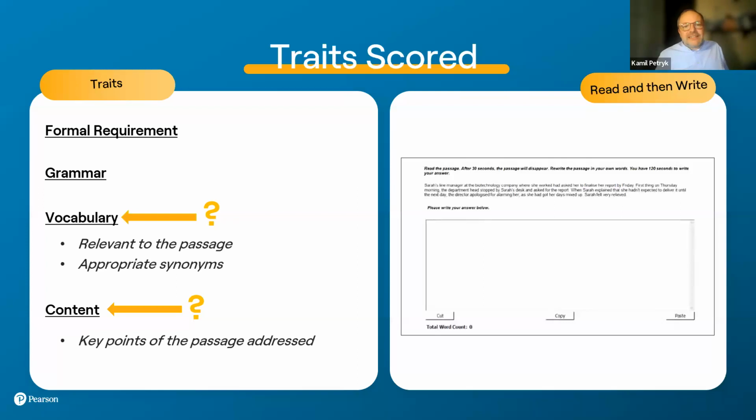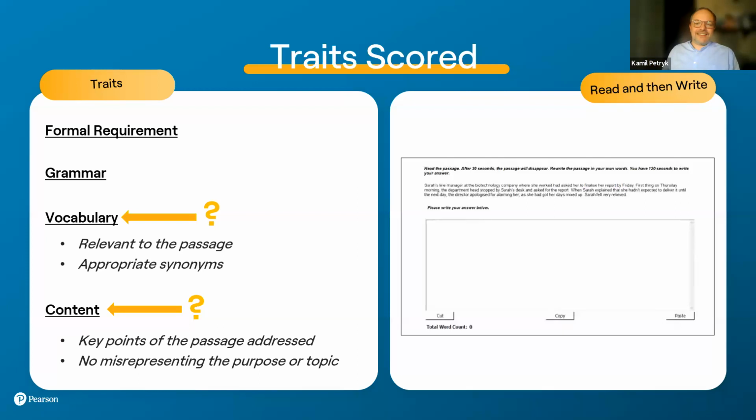So the content will be focusing on the key points of the passage, whether they are addressed or not. So the gist, the narrative structure of the text, whether it is reconstructed well or not. And obviously, whether there are any misrepresentations. So whether there's anything added, nothing should be added here from the students.